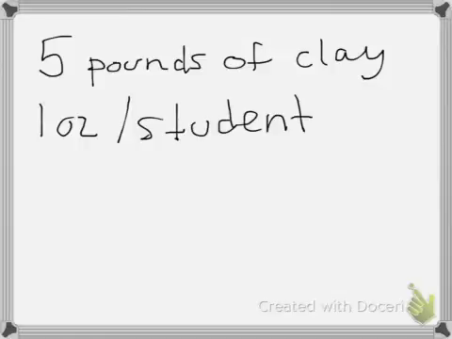Let's go back. So, I'm going to write out my pounds. 1 pound. Actually, I need to write a little smaller, so I'm going to go back. So here's 1, 2, 3, 4, 5.